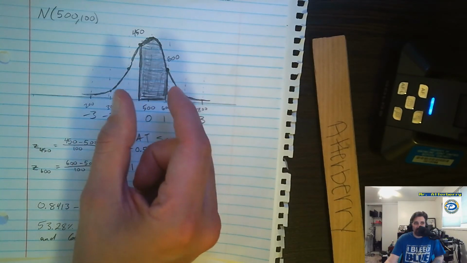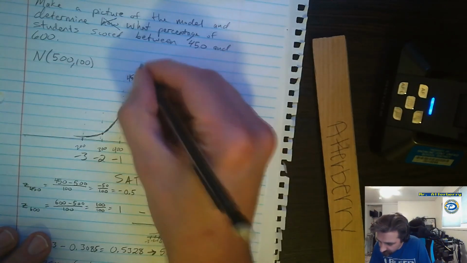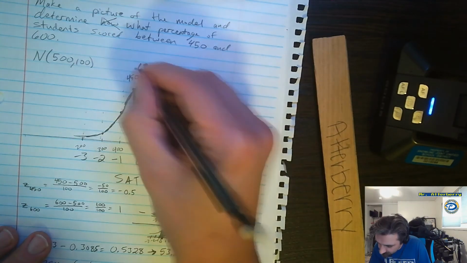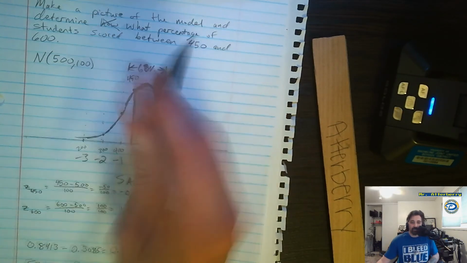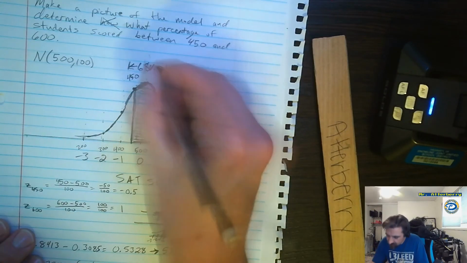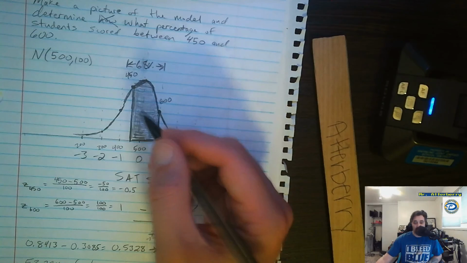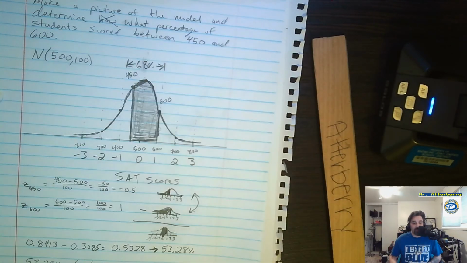So if this whole section right here is 68%, then it makes sense that 53% is where if we cut it off by a little. Okay, that's one way to check your work.